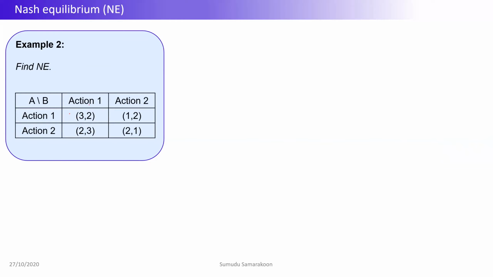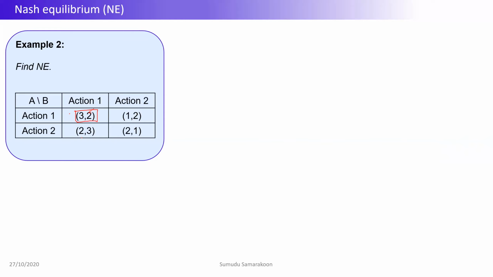And B, whether he plays action 1 or action 2, is going to end up with the same value. So B might deviate, but there's a chance he might stay here because there's no difference in moving to action 2.